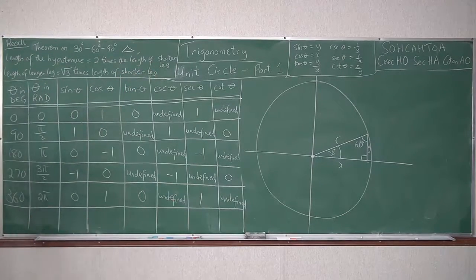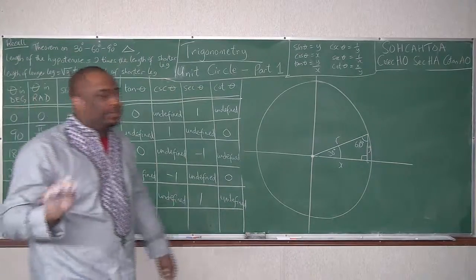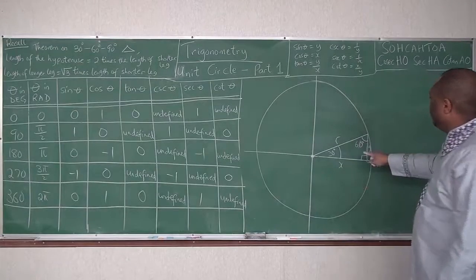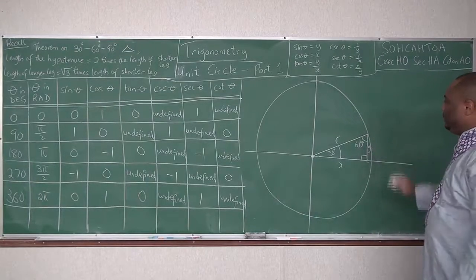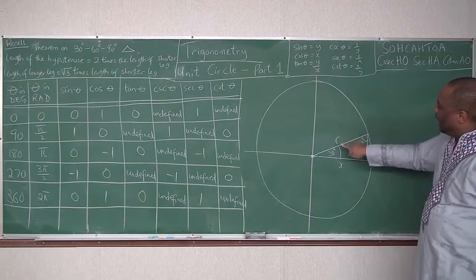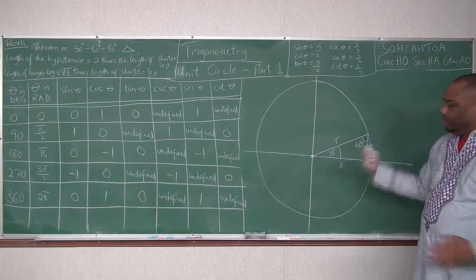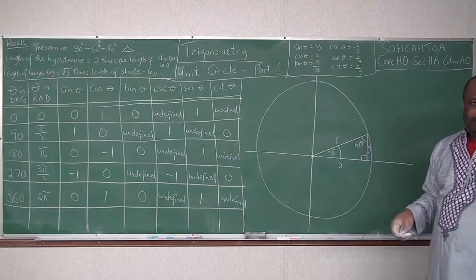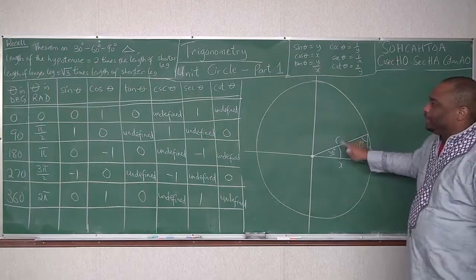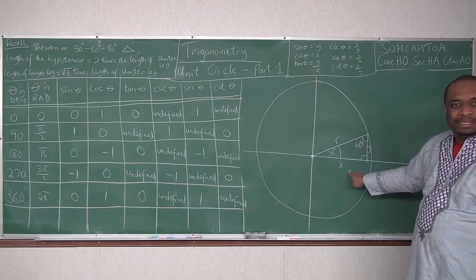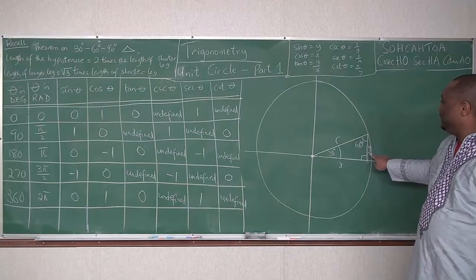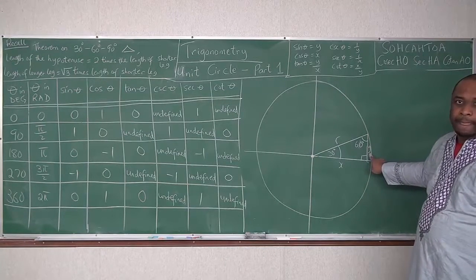Okay? So this is what we are saying here, folks. Look up. This is a 30, 60, 90 equation. R is the hypotenuse. You know, if you view the video I did on the Pythagorean theorem, R is the hypotenuse, X is the longer leg here, and Y is the shorter leg.